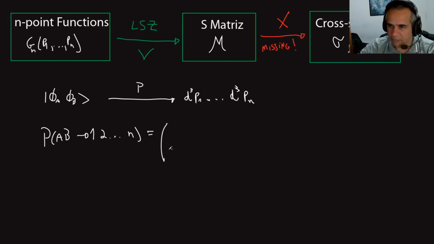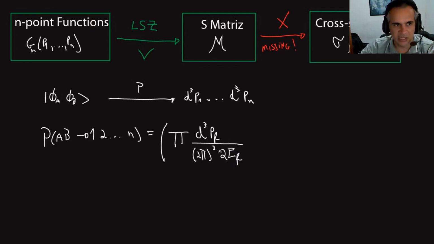So I have to have a product here of all these d^3p_f, and this is the normalization, right? 2π cubed times the final energy, and this is just the relativistic normalization. I have one element like this for each final state, right?